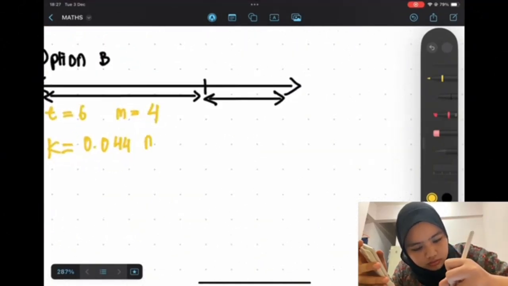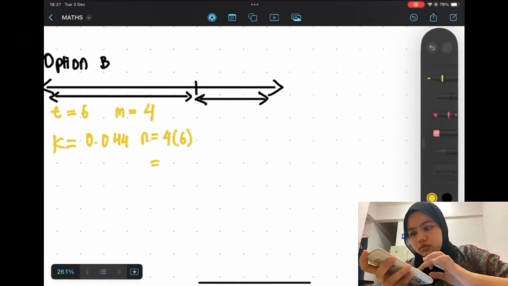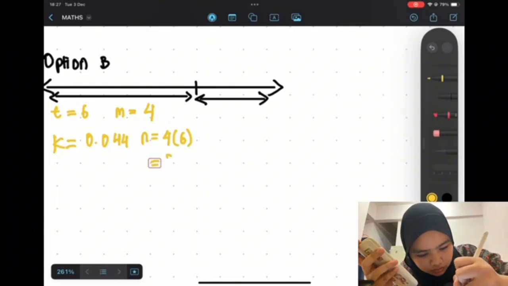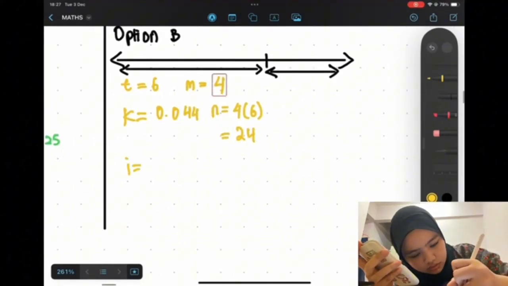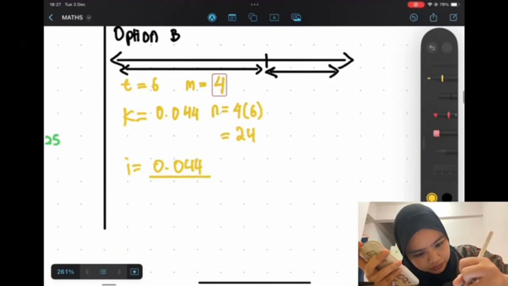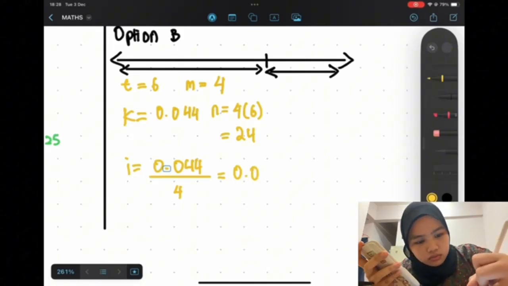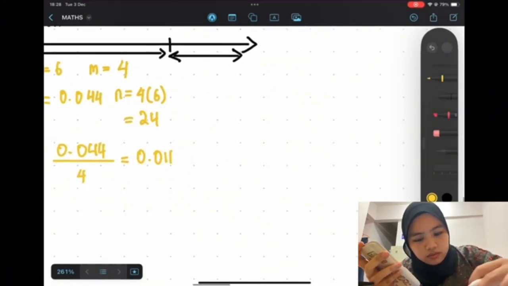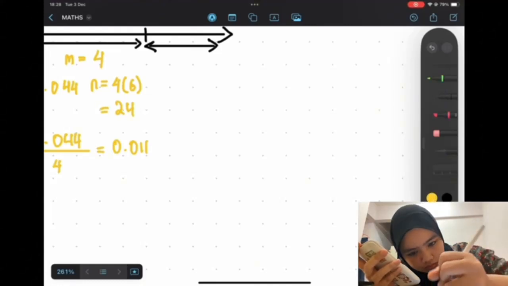The N is equal to 4 times 6 equals 24. I equals 0.044 over 4 equals 0.011.